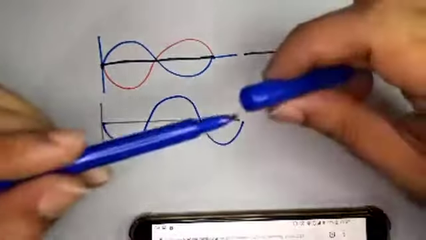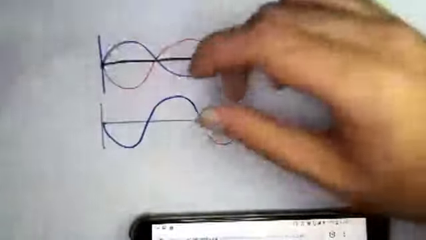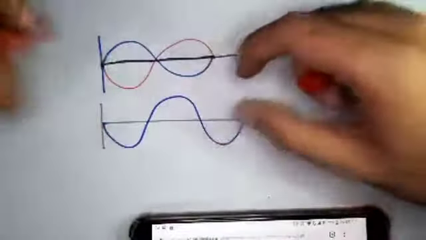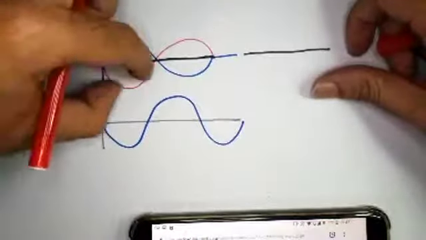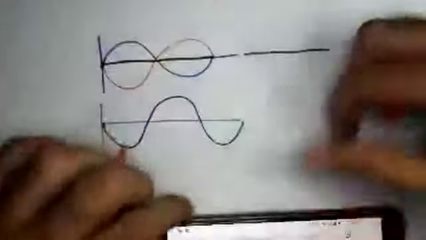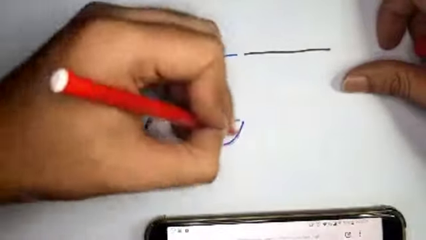The red one is moving to the left, so this trough would move on. So what we get is this.